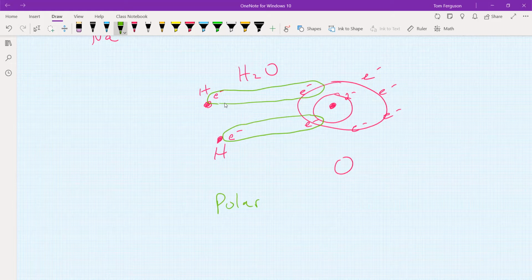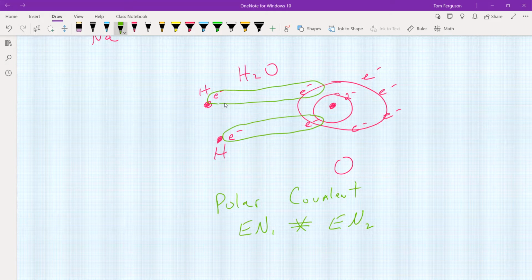Yes. Okay, so there's a polar covalent bond. That's when the electronegativity of one atom versus the other is not equal.